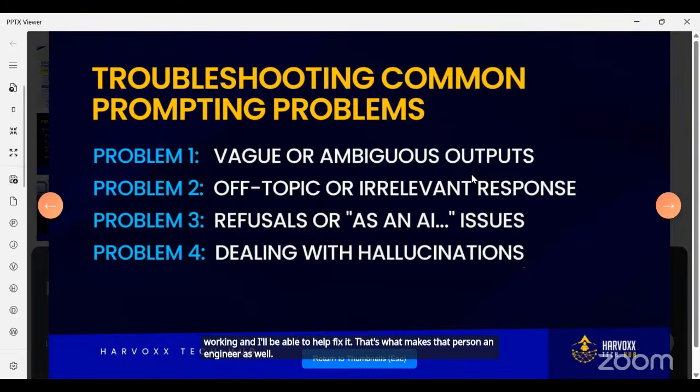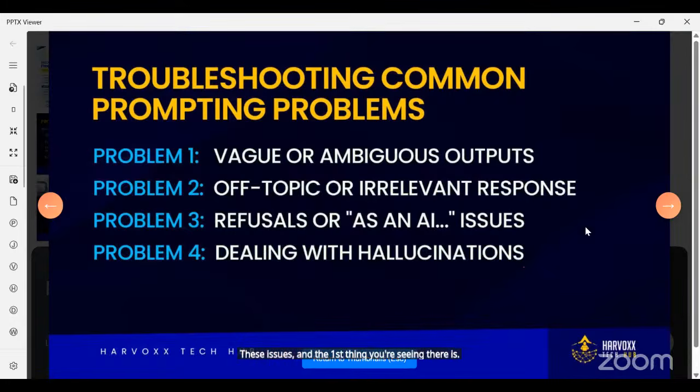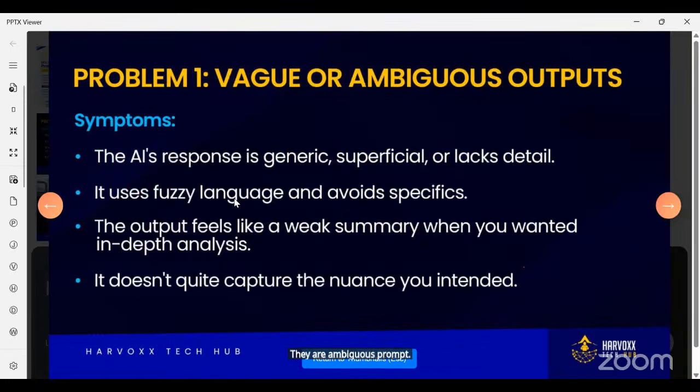So we're looking at these issues, and the first thing you're seeing there is vague or ambiguous prompt. Vague. So the prompt is very vague. Sorry, the output is very vague. And you'll be wondering, okay, I've done everything to make sure that my output is not vague.